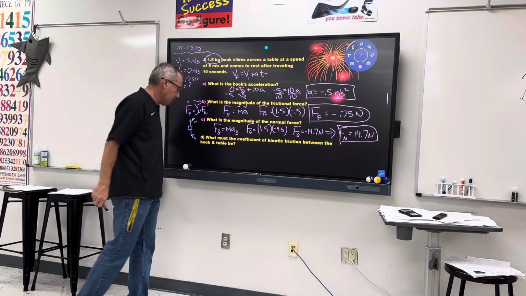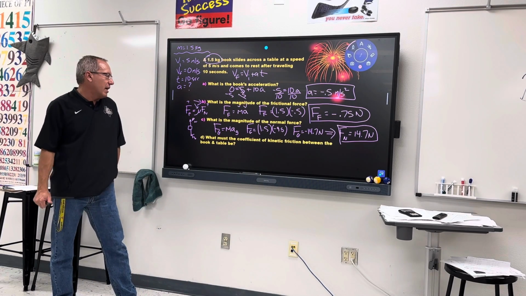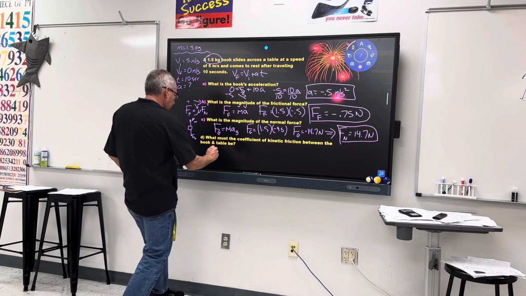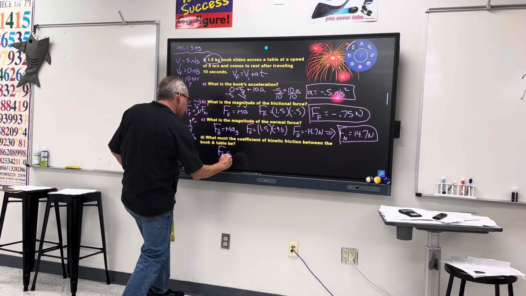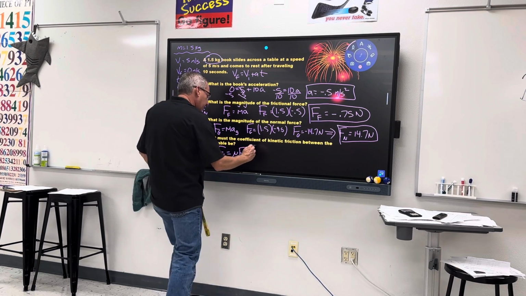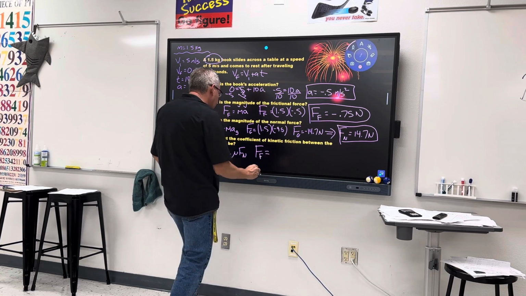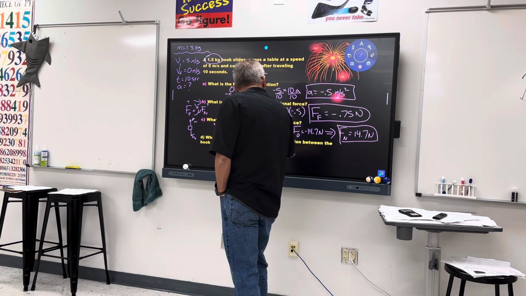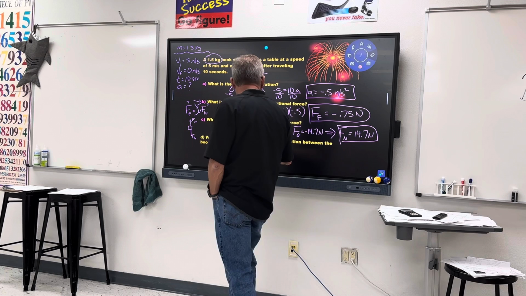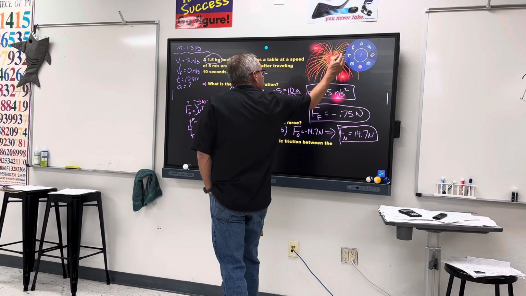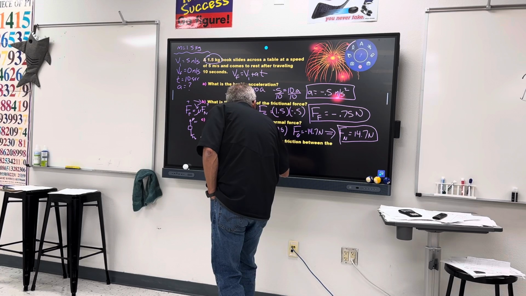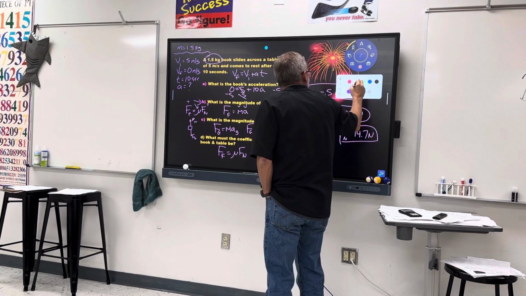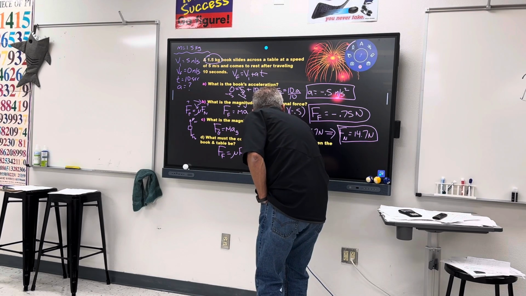All right? Last, can I now calculate the coefficient of kinetic friction in here? Yeah, because I'm going to use the force of friction is going to equal mu times the normal force. When I plug this in, my force of friction is going to be negative 0.75, which is going to equal mu times 14.7.